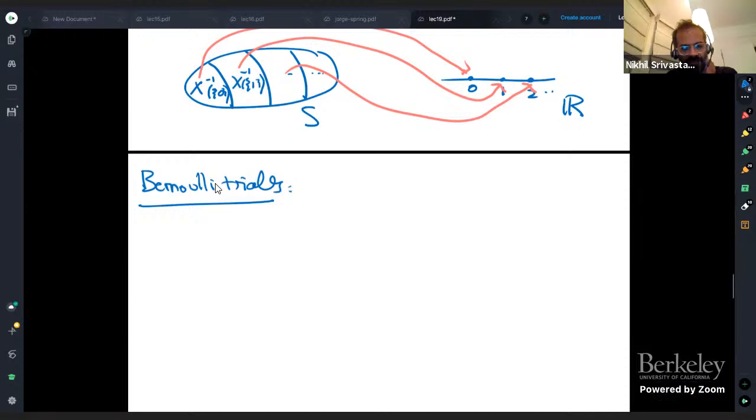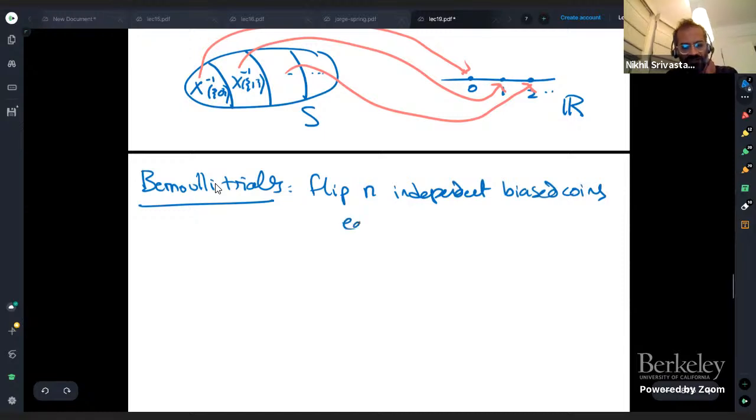The experiment is you flip n independent biased coins, each with probability of being head equal to q, and probability of being tail equal to 1 minus q.